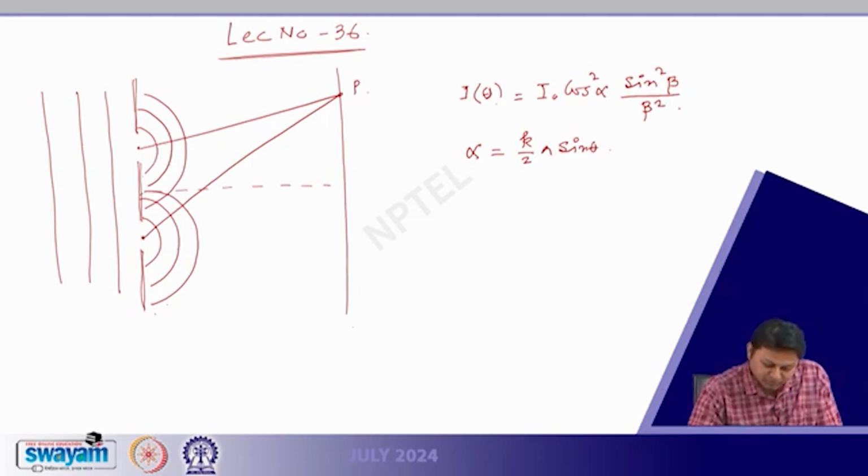If I draw a dotted line from the center to this point, that is the angle we are talking about. This is my theta.